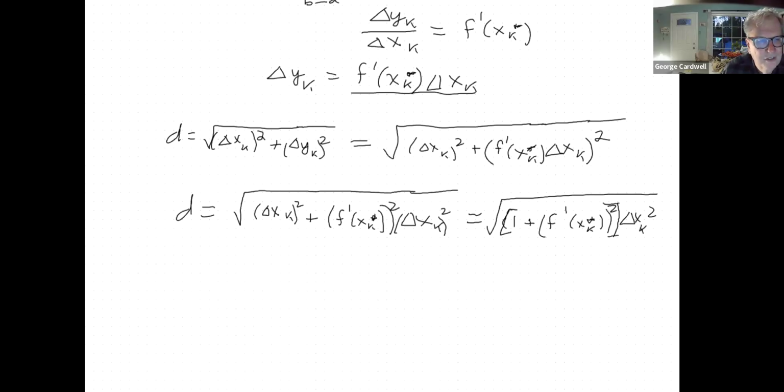So basically, I factored delta xk squared out of these two terms, and what's left inside is 1 plus f prime xk star quantity squared. Now, the square root of delta x squared is just delta x. So I'm going to rewrite this, basically taking the delta x squared out from under the square root: the square root of 1 plus f prime of xk star squared, and then outside I just have a delta xk.